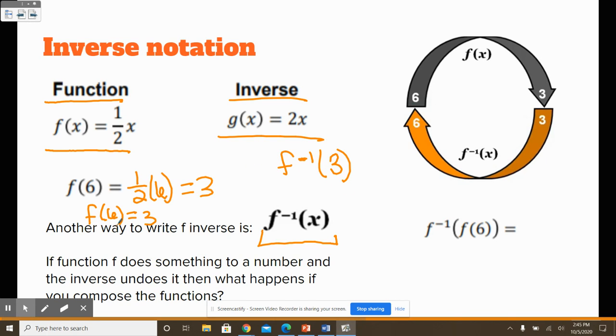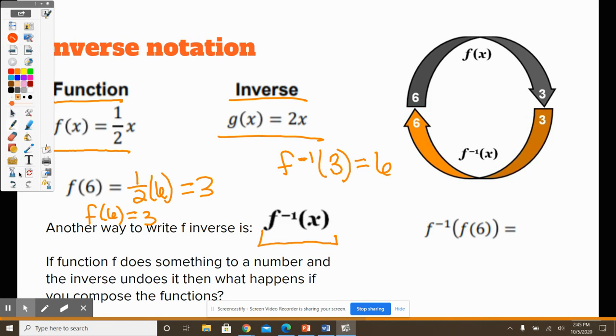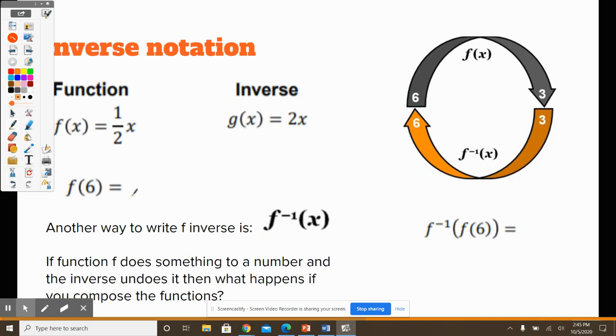If f of 6 equals 3, then on the inverse, if I plug in 3, I should get 6, because 2 times 3 is 6. So if you have a function and you know a value, you can switch it to find its inverse.